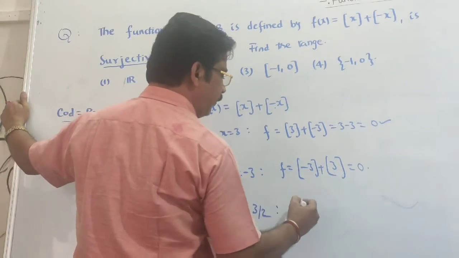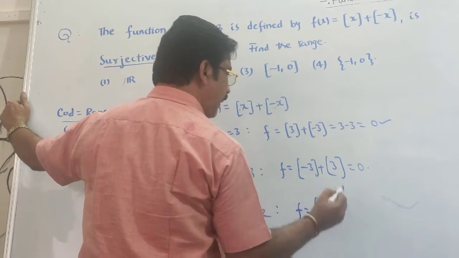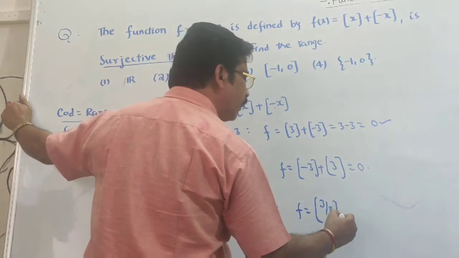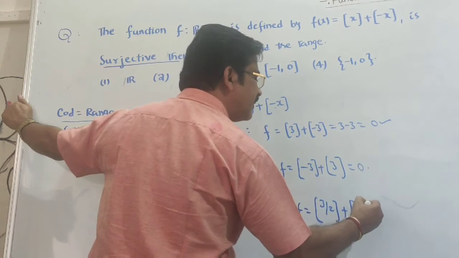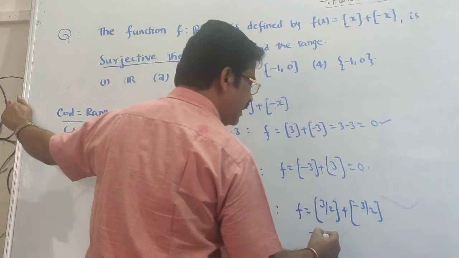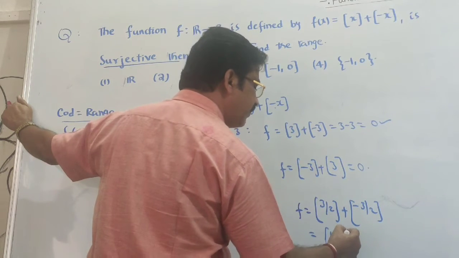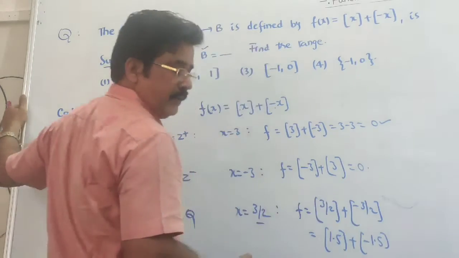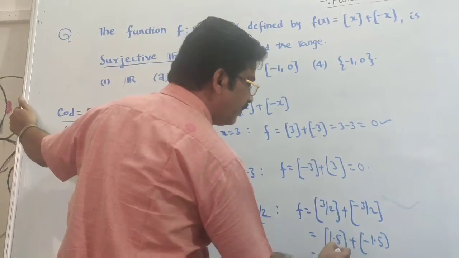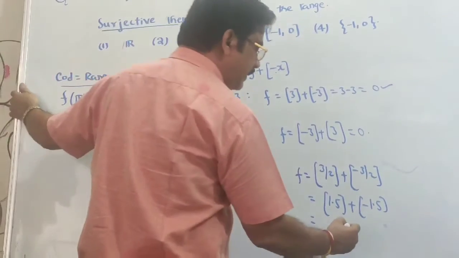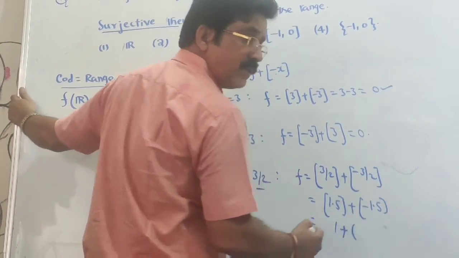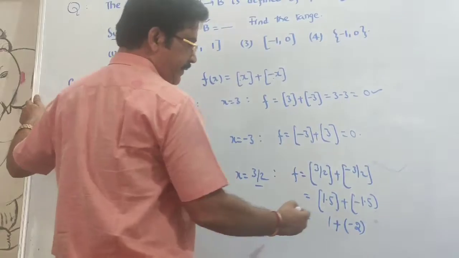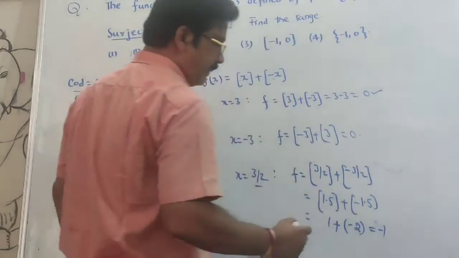Then f of x equals floor of 3 by 2 plus floor of minus 3 by 2. 3 by 2 means floor of 1.5 plus floor of minus 1.5. Floor of 1.5 is 1. Next, floor of minus 1.5 is minus 2 according to the definition. So that is equal to minus 1.